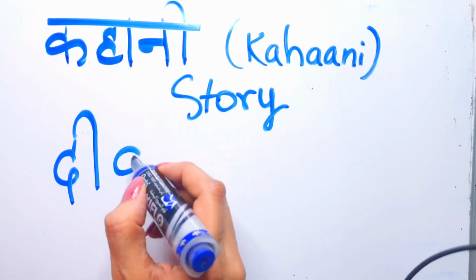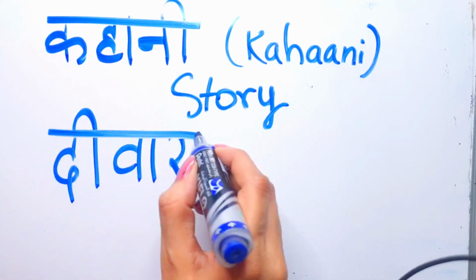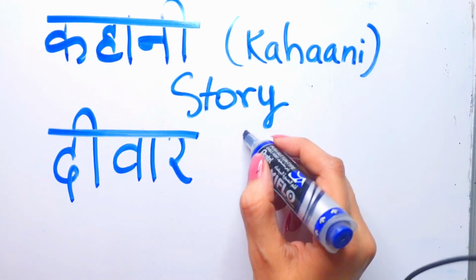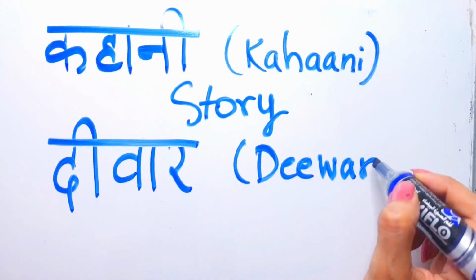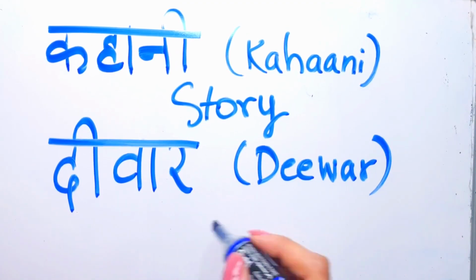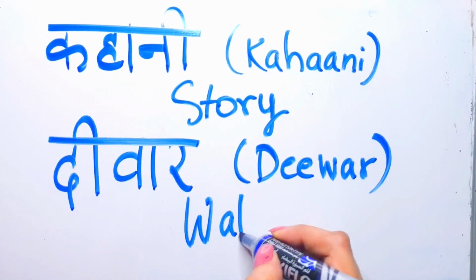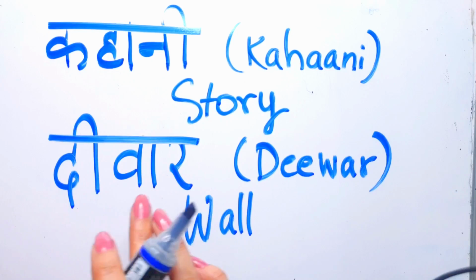Di, va, ra. Divar. And divar means a wall. Kahani, divar.